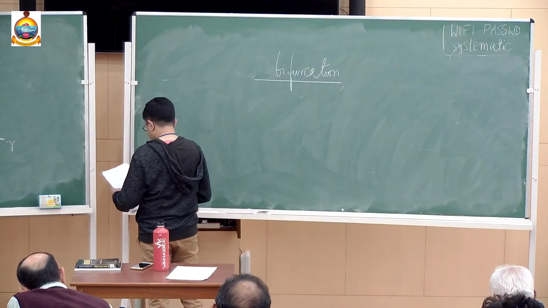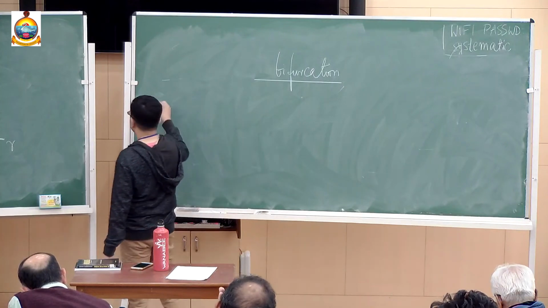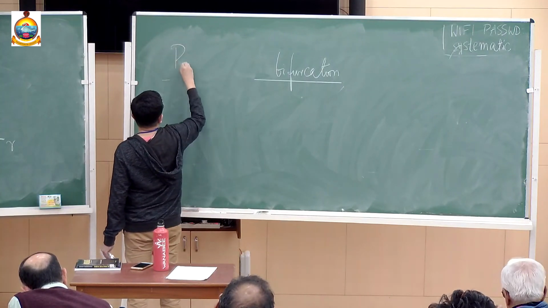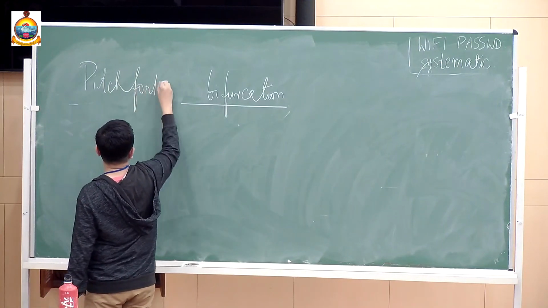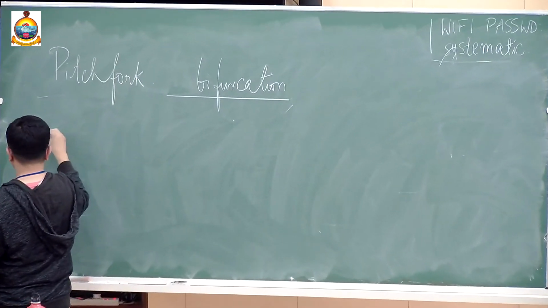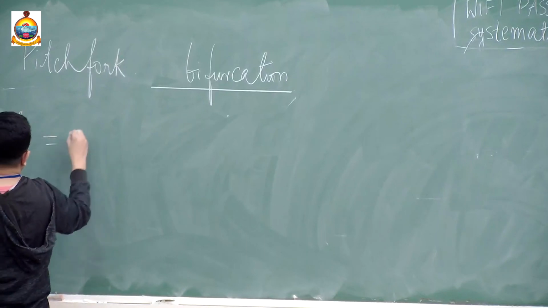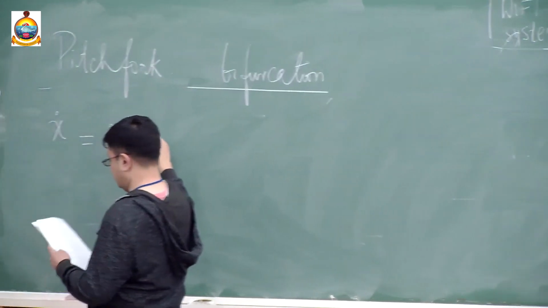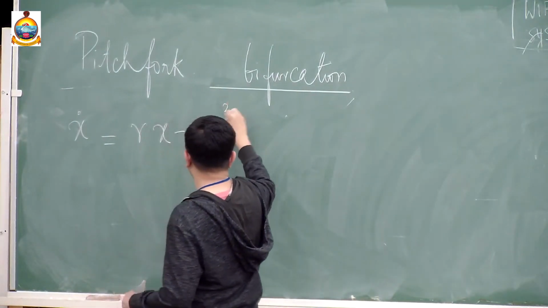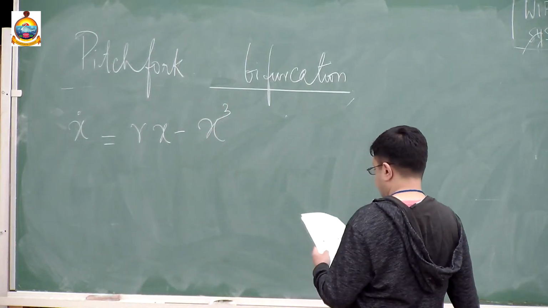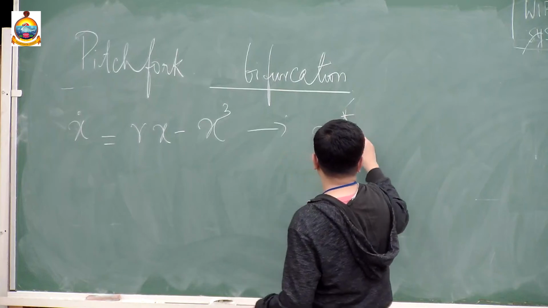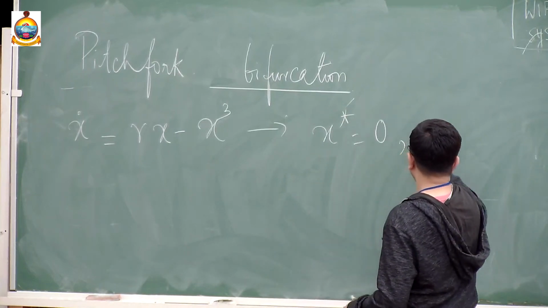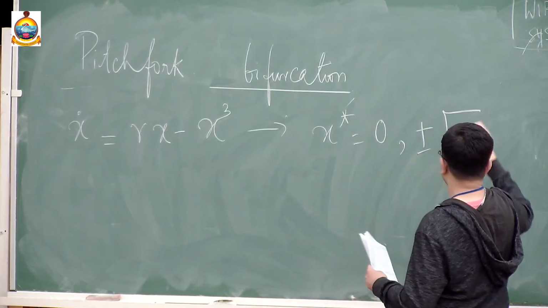Let me do this one. So pitchfork. I'll tell you towards the end what's the importance of these bifurcations. So now you have x dot is equal to Rx minus x cube, instead of x square. So you can convince yourself that the fixed points are x star equal to 0 and plus minus square root of r.